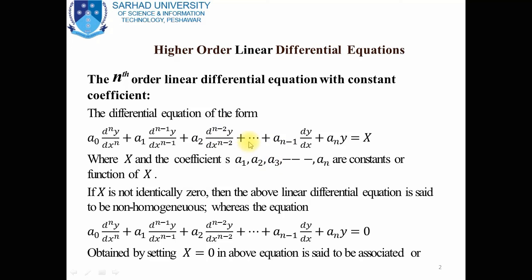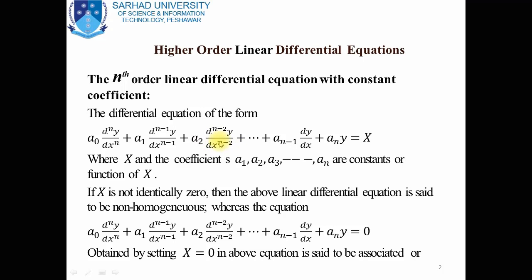For the complementary solution, first of all, write the auxiliary equation of the homogeneous linear differential equation with constant coefficients, and then find the roots, and after finding the roots, check the nature of the roots. The nature of the roots can take four different forms, so the complementary solution also will take four different forms.